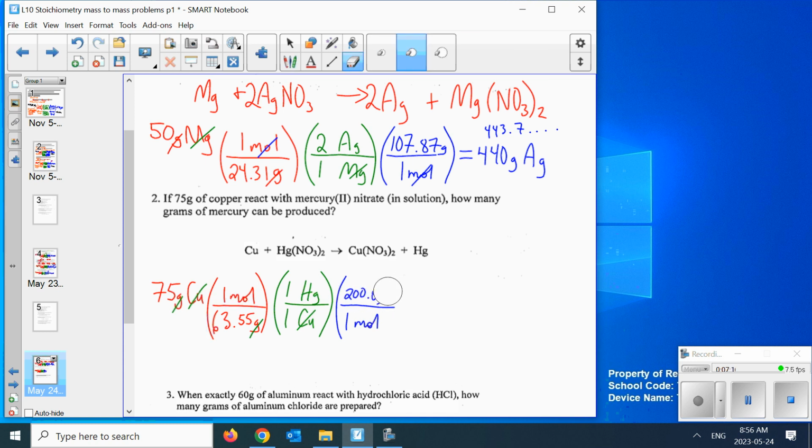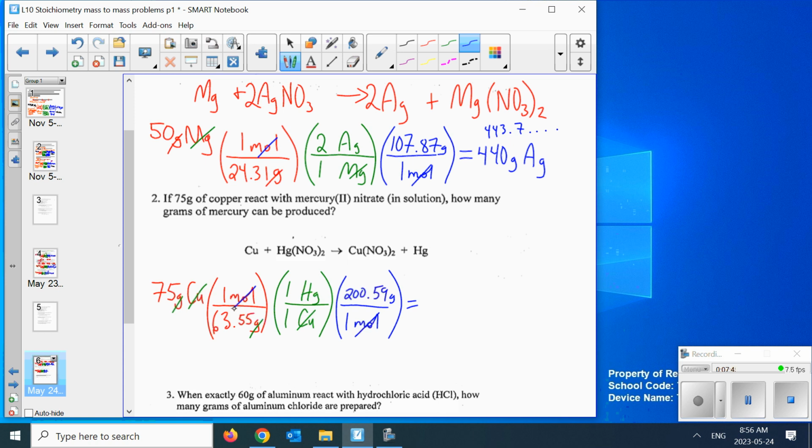That's one. There. I keep putting grams things. Okay, now that I'm stopping, I've got grams of mercury. 75 divided by 63.55 times 1 divided by 1 times 200.5.